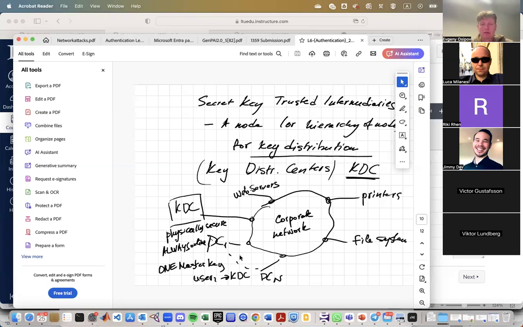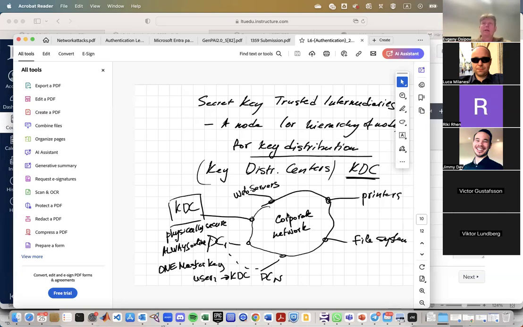So, once again, we are in the setting of a corporate network. In the general case, Kerberos supports secure communication between different corporate islands, so between different authorities. And there is a protocol for communicating across different authorities.